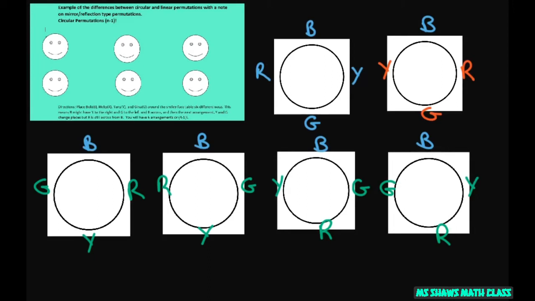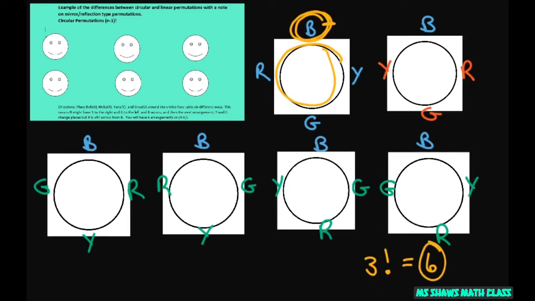What this exercise is about is that when you have a circular permutation, you really don't have a starting point, because wherever Bob starts, he's kind of insignificant when it comes to the others. So you really only have 3 factorial, which is 6 arrangements, because there's no starting point.